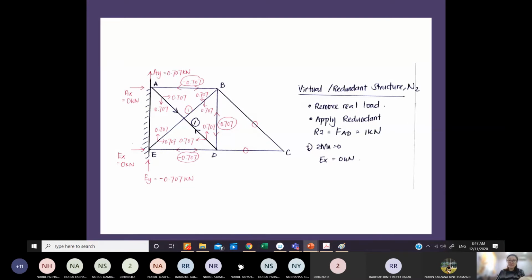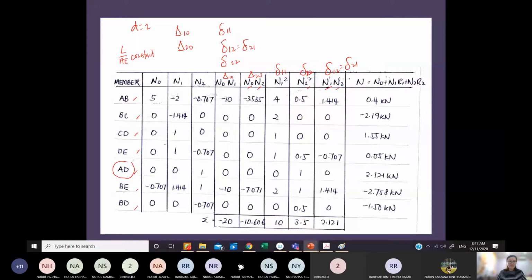Don't forget about that. So you collect all the axial forces from your solved primary structure and redundant structures, and put them in correctly.